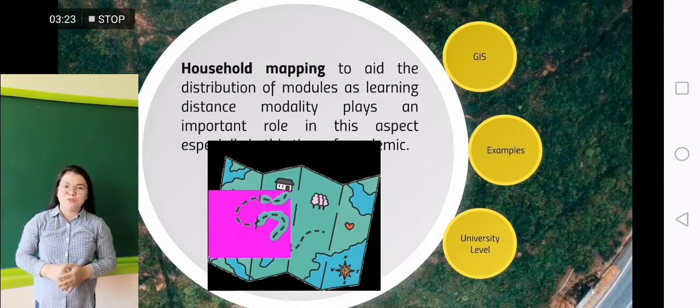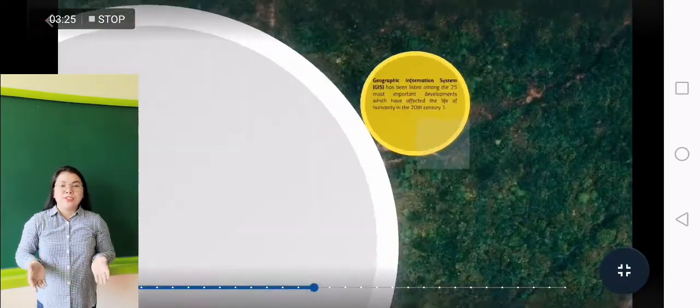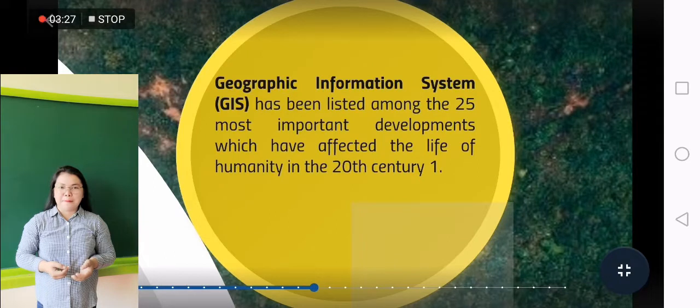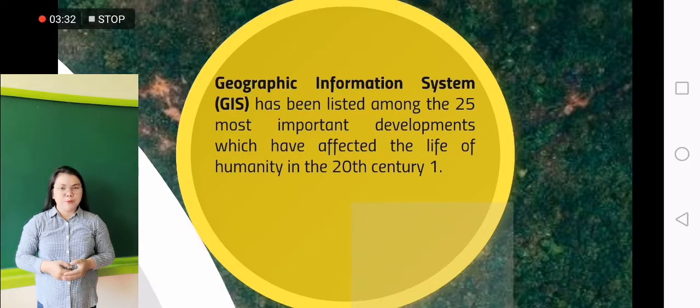A little bit of background on GIS, or Geographic Information System: it has been listed among the 25 most important developments which have affected the life of humanity in the 20th century.